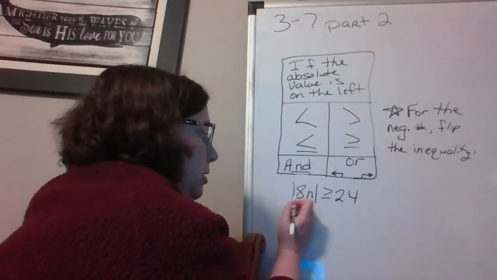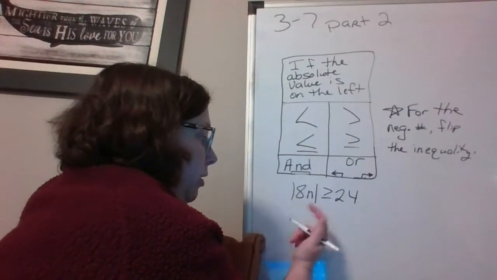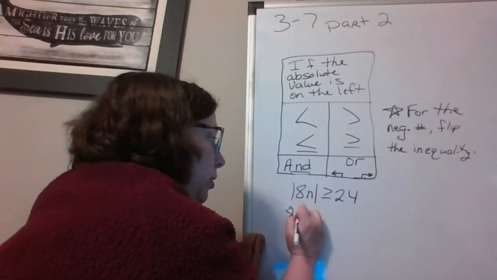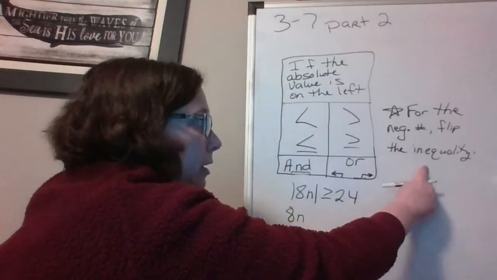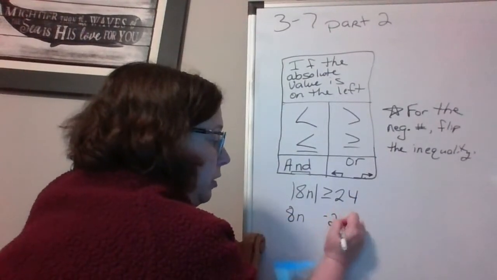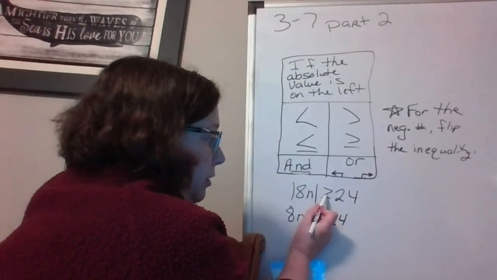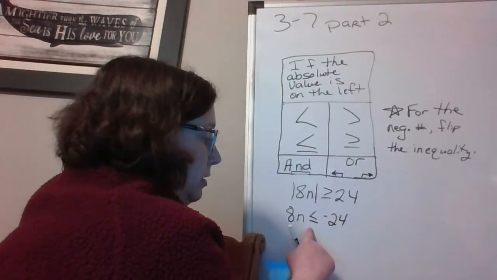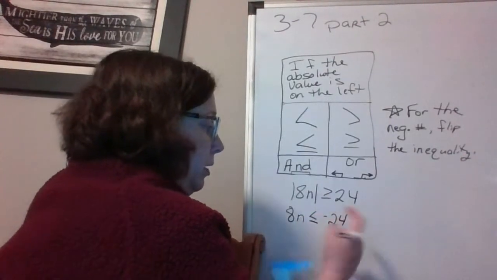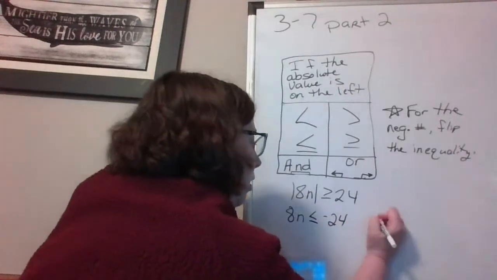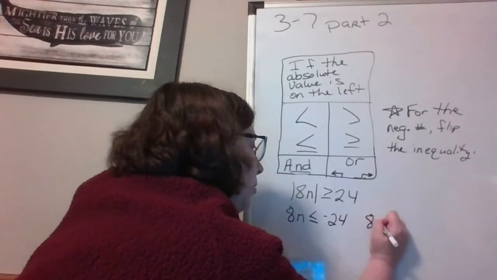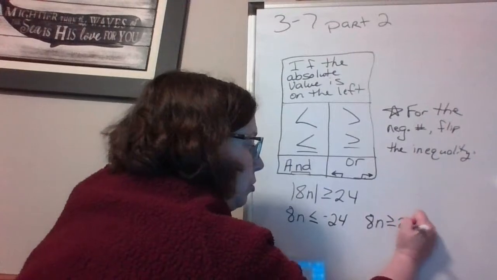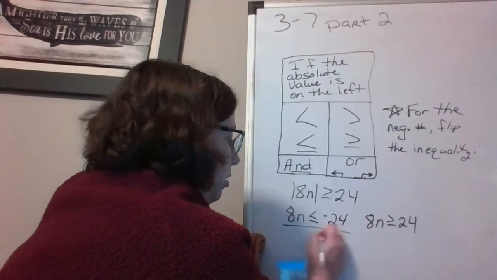The absolute value is alone on this side of our inequality, so we can go ahead and split. Remember that with your negative number, so if we make this our negative 24, this needs to flip around. So we're going to say 8n is less than or equal to negative 24. And then on this side, we keep the inequality the same, greater than or equal to positive 24.